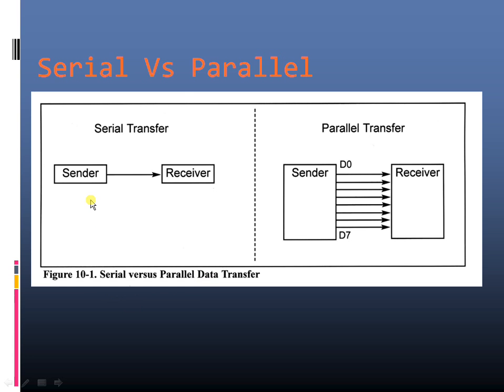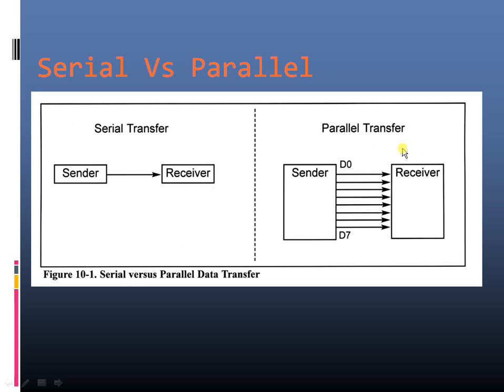Here this is a serial communication and this is a parallel communication. As you can see, in serial communication there is only one channel. This channel can carry one bit of information at any time. After transmitting or receiving that particular bit, the next bit will be transferred.